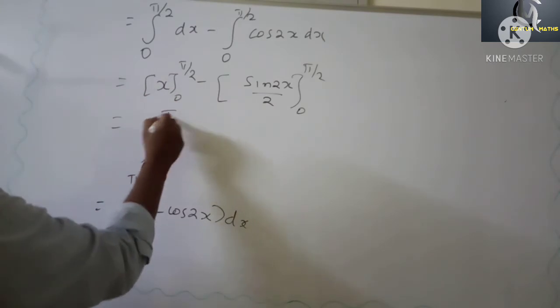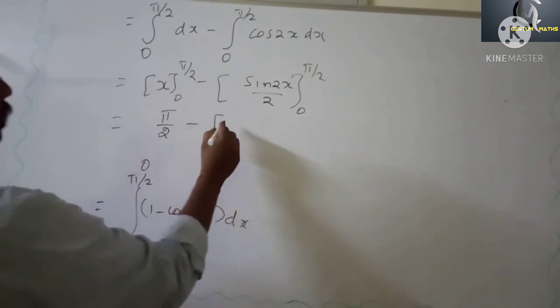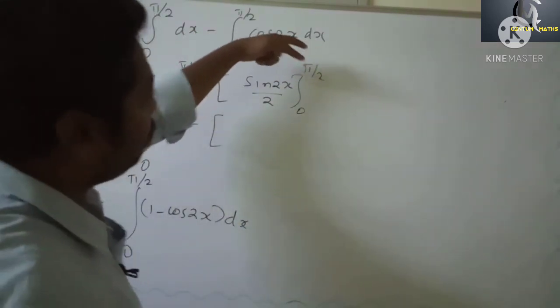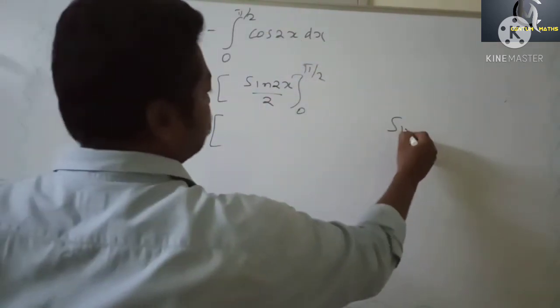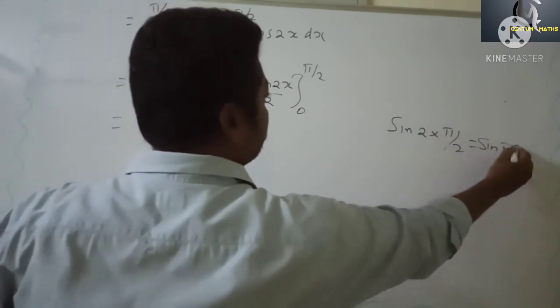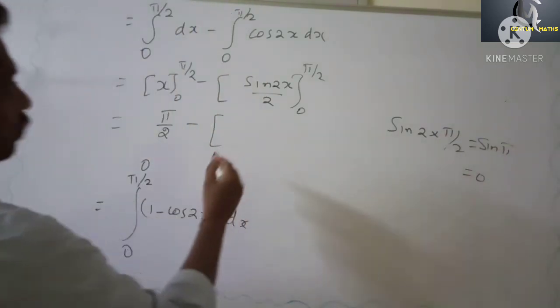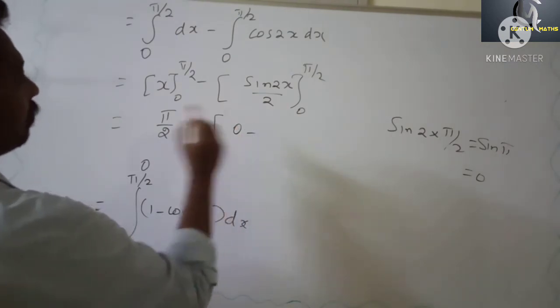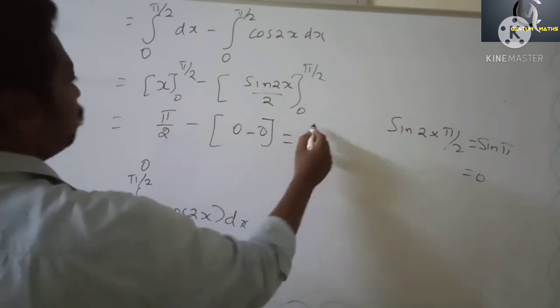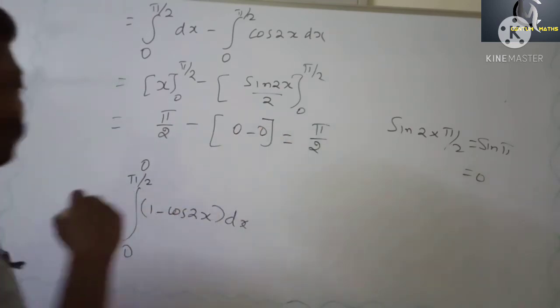So this first function becomes pi by 2 minus sin 2x. Instead of x, if you substitute pi by 2, what will happen? Sin 2 into pi by 2 becomes sin pi. What is sin pi? 0. So upper limit becomes 0 minus lower limit sin 0, which is 0. So what we got? We get only pi by 2.